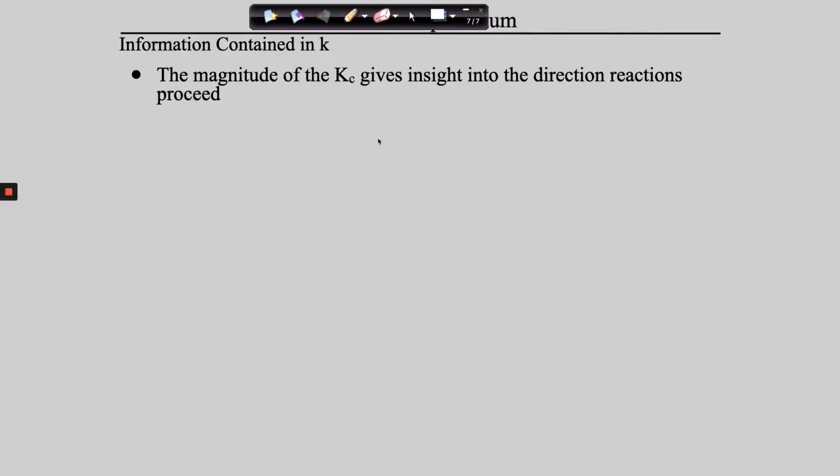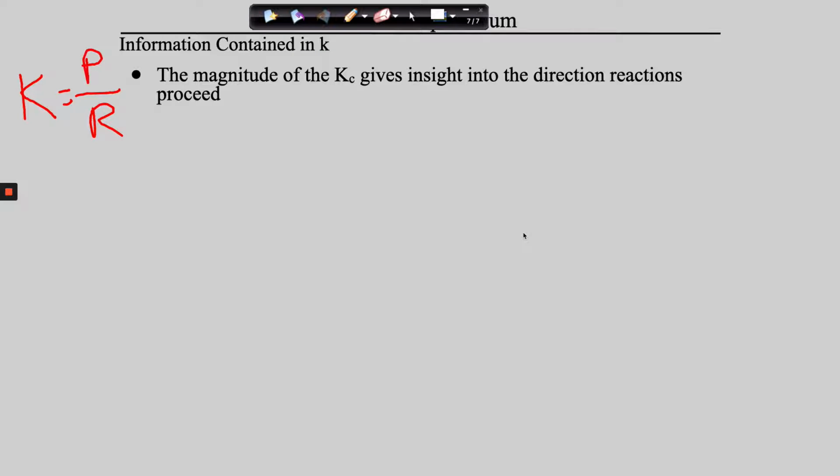So guys, let's talk about the information that's contained within K values. As you're doing this, it's going to be important to remember that K is products divided by reactants. Fundamentally, K is products divided by reactants. So guys, with that in mind, we can probably figure this out.